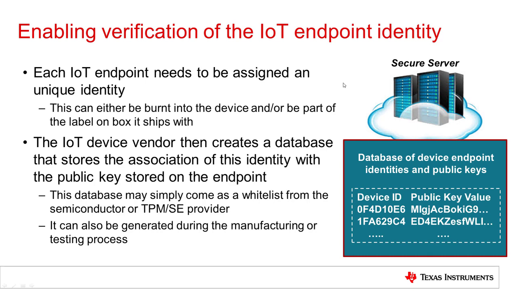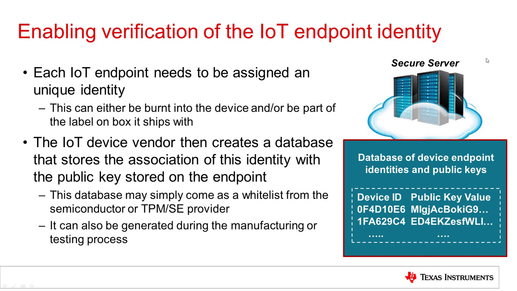Another approach is simply to generate the database during test. For example, when the IoT endpoint device is being tested, it can be booted up and some code can be used to extract the public key and the identity, and then it can be stored in a database that can be used for future reference.